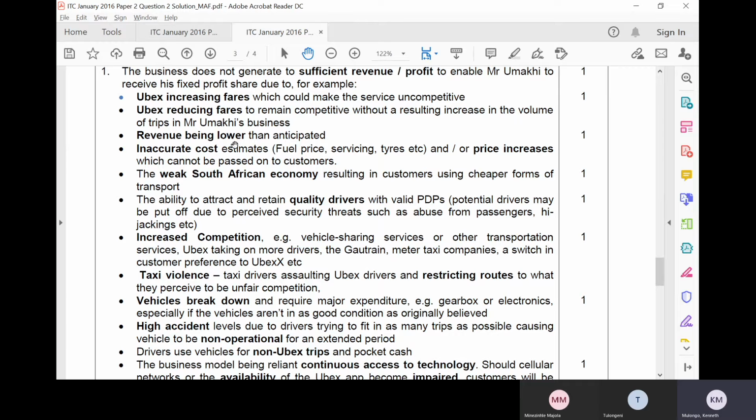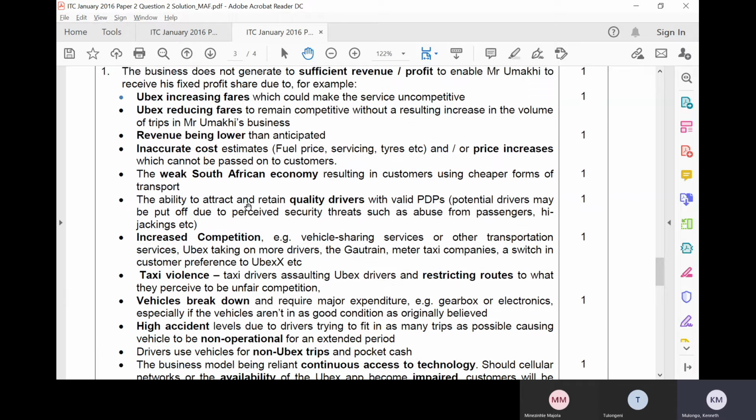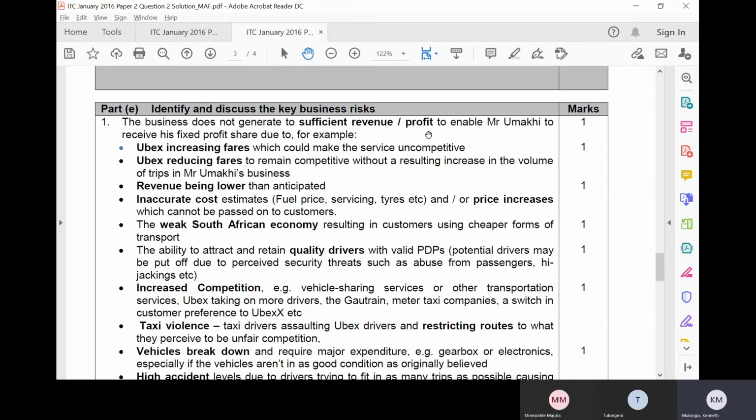Revenue being lower than anticipated, of course, you budgeted revenue and then something happens like Corona, you have less revenue. So these risks could be changed for any industry. So you could even use this bucket, sufficient revenue profit, as a risk, and then use these things in bold as your template of things you should say, and then just fill in the specific industry you're working in.